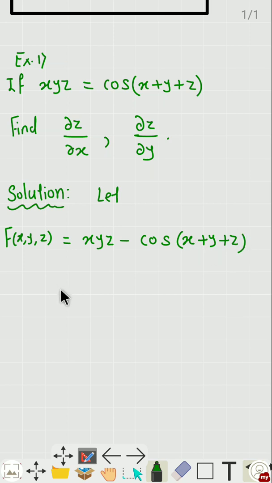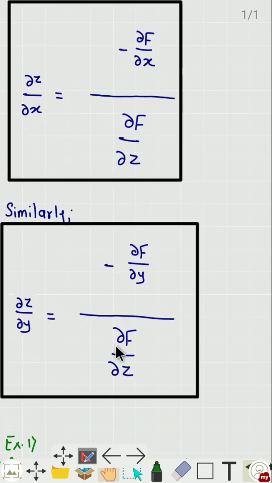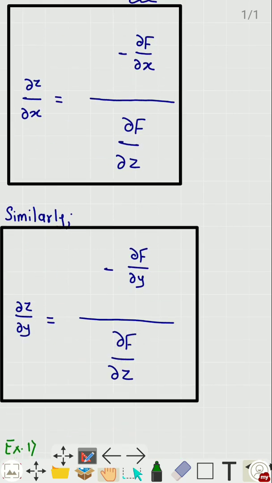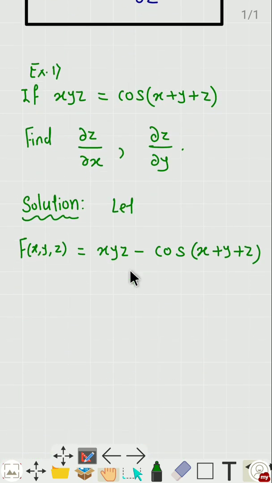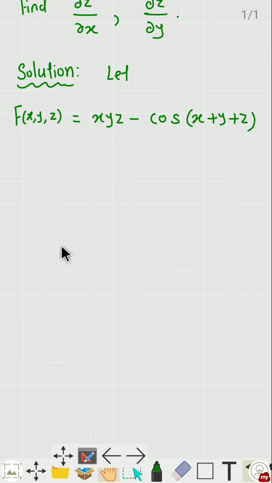Now from the above two formulae, we need the partial derivatives of f with respect to x, y and z. So let us find these partial derivatives first.